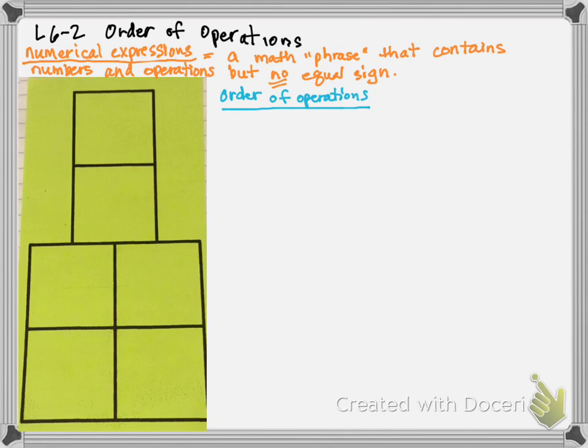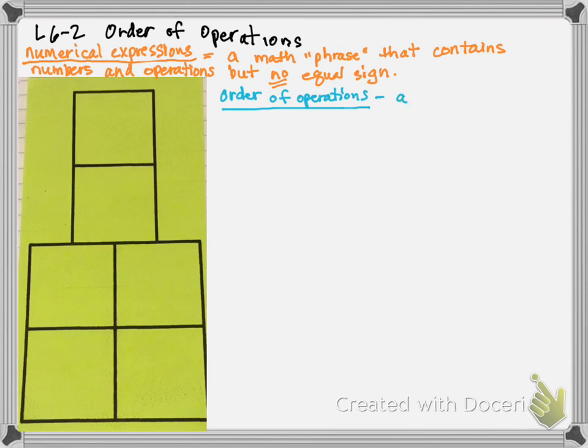And that was PEMDAS. Okay, please excuse my dear Aunt Sally. And each of those letters stands for an operation that we have to do. But maybe what your teacher may have forgotten is that the reason why we have to follow this order is so that every person who solves this problem is going to come up with the same exact answer.